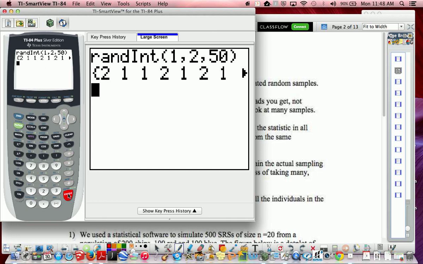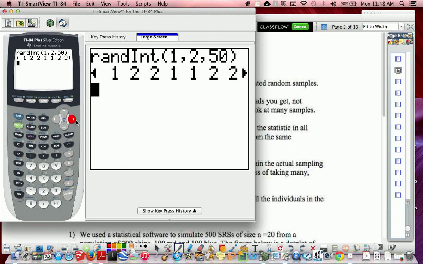Those of you who have done it, go ahead and count the number of 1s that you have. I will do the same thing here. 6, 7, 8, 9, 10, 11, 12, 13, 14, 15, 16, 17.